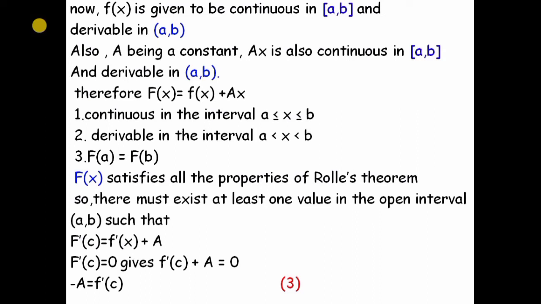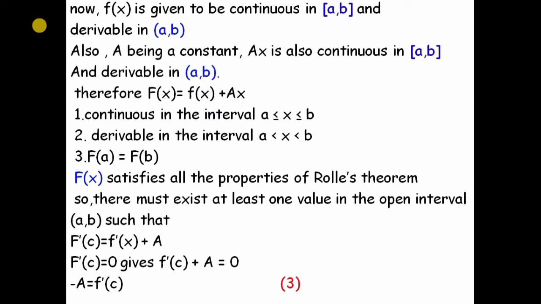And we have the other condition, that phi of a equals phi of b, which we assumed at the start of the proof. Using these three conditions, phi of x satisfies all the properties of Rolle's theorem, which we have discussed in earlier classes. So there must exist at least one value c in the open interval a, b such that phi dash c equals 0.